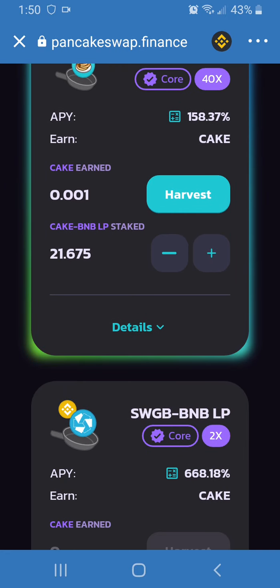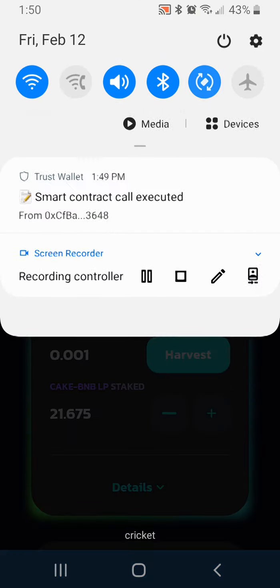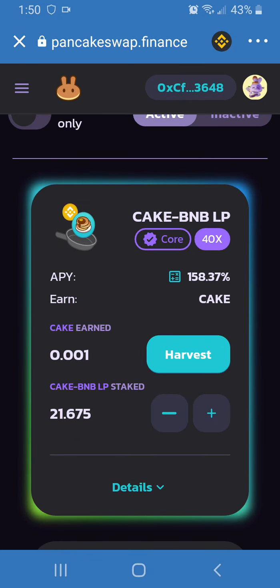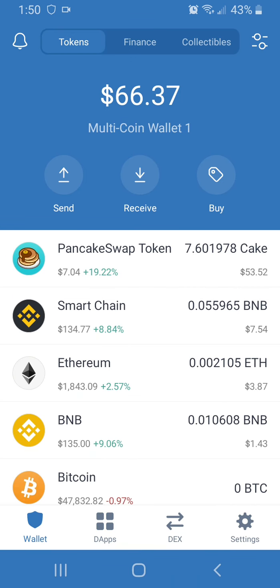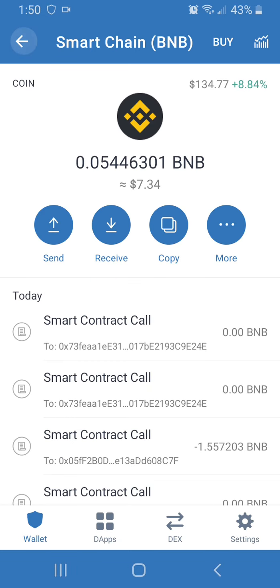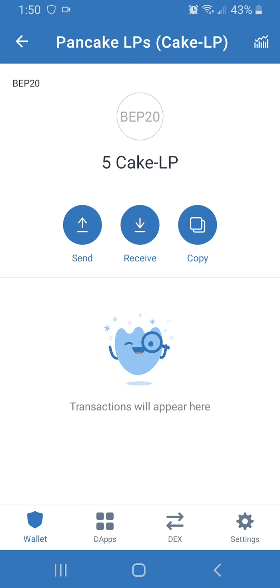So let's see here. We'll go back out to my wallet, and we should see a pretty noticeable difference in price, or my wallet value. Let's see, from $66 to 67, I'm sure. Oh, so I'm still learning too.